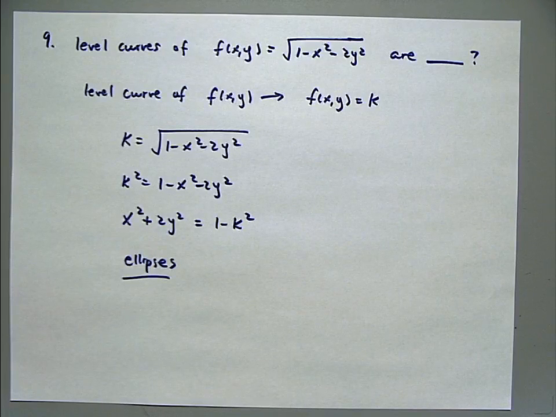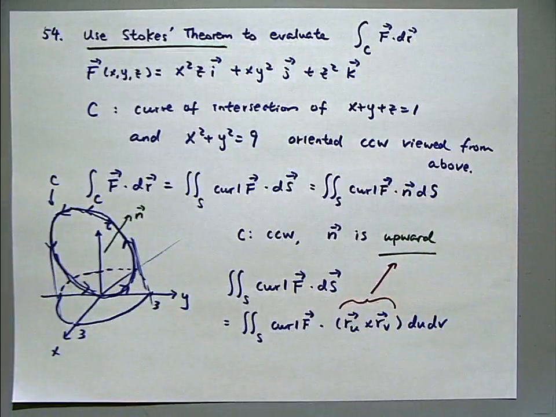We have to make sure this happens. The order may have to change, but we'll deal with that. Okay, so two things we have to do. First, we've got to find the curl, and then we have to parameterize that surface. Let's do curl first.